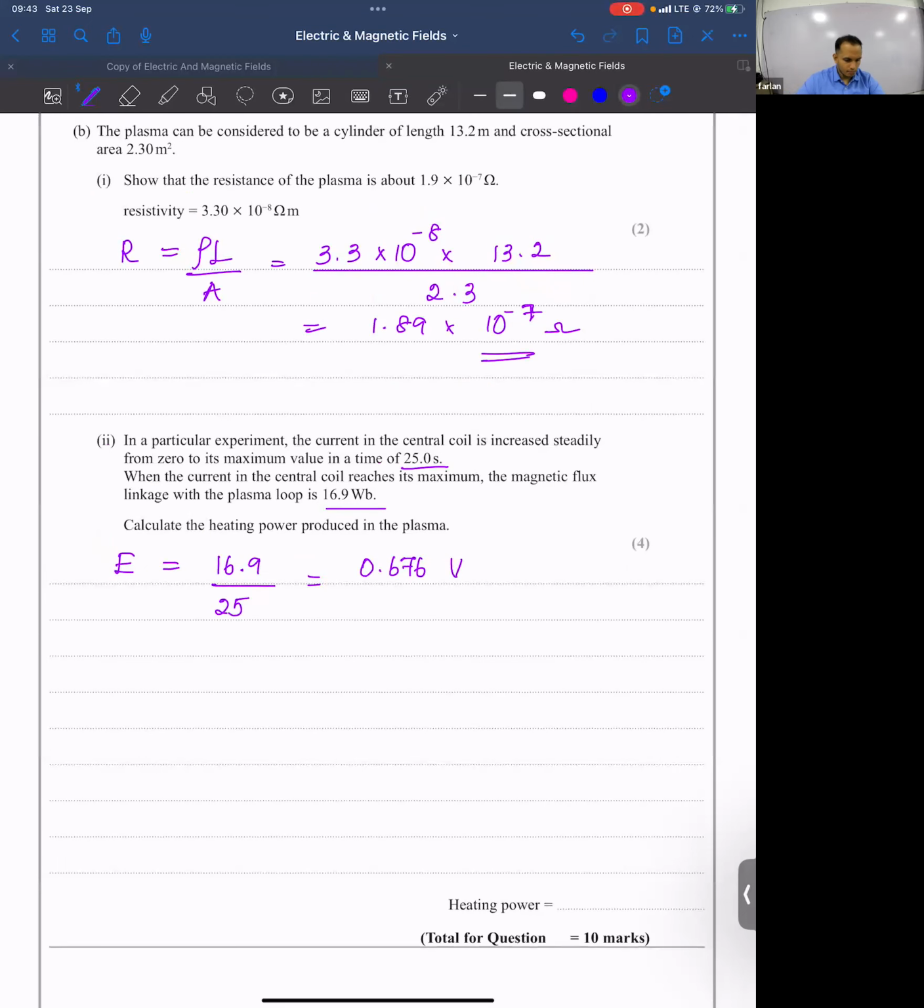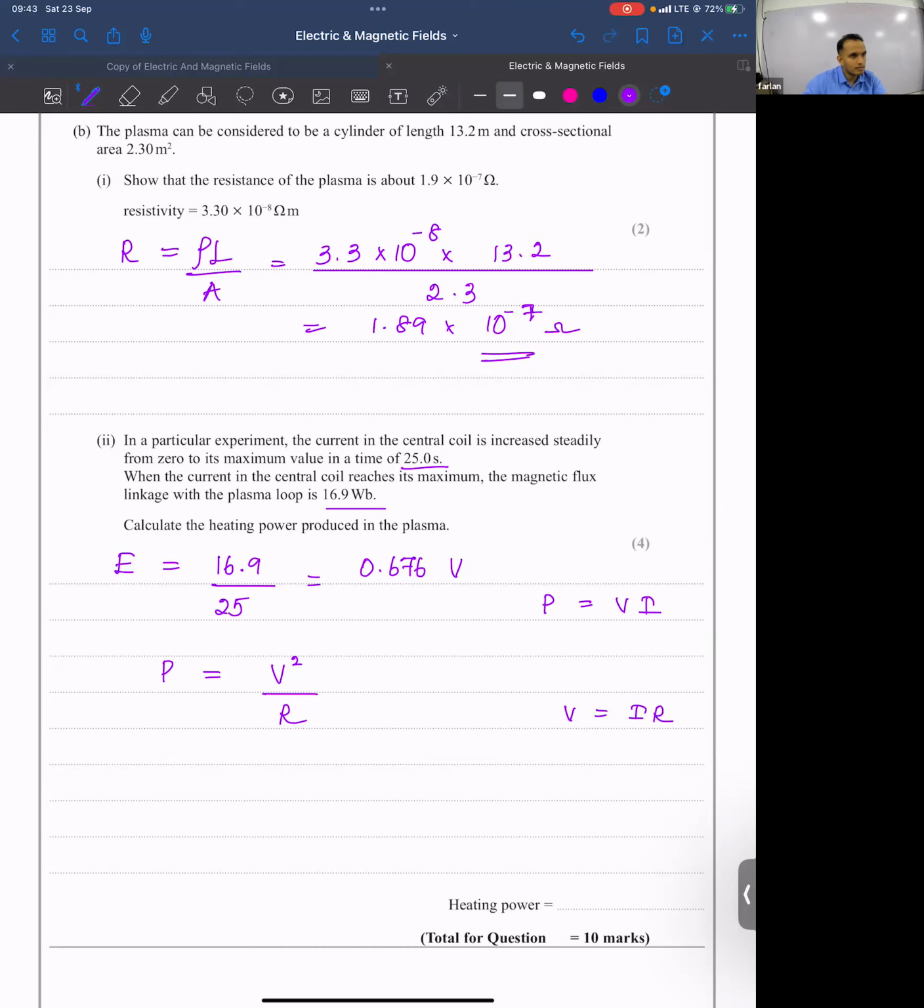And in the previous part, we have calculated the resistance of the plasma. So to find the power produced in the plasma, we can use P equals V squared over R. Do you remember this equation? What is the power in an electrical component? P equals VI. And also V is equal to IR, right?